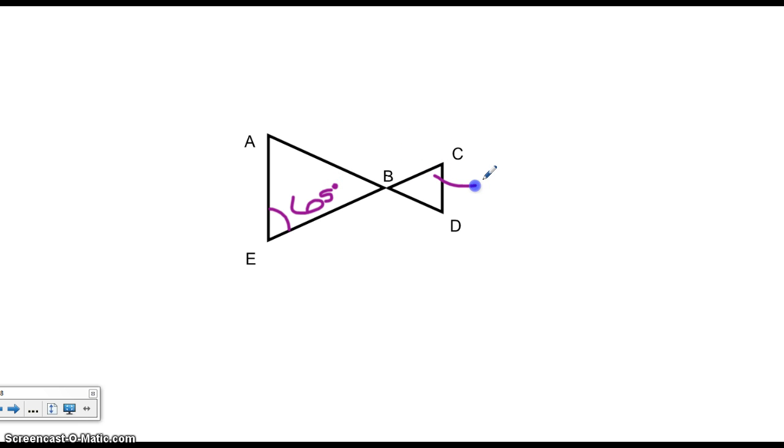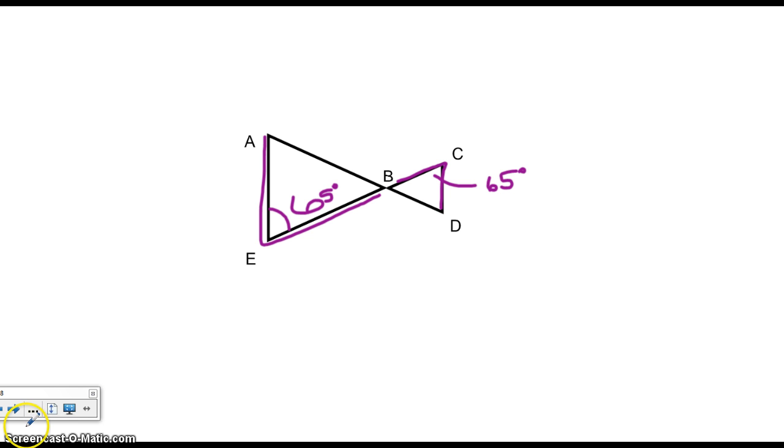And angle C is also 65 degrees. And as we look through this one, we know that angle A to E to B is 65. And we know that angle B to C to D is also 65. So we have one angle that is congruent. They have the same measure.